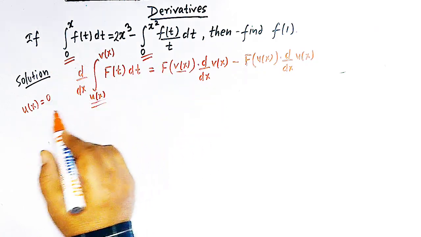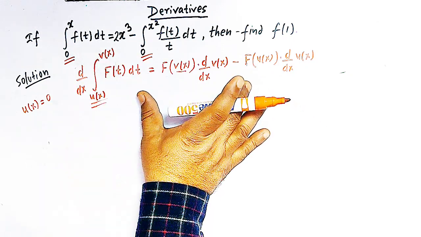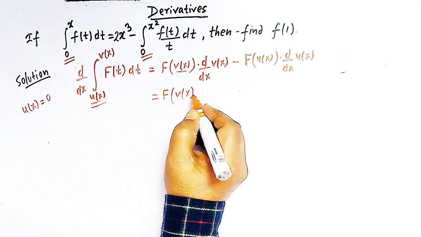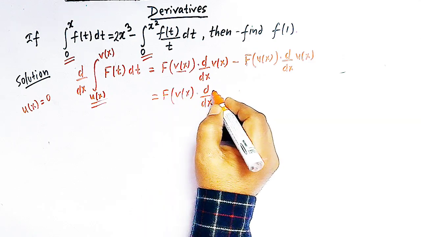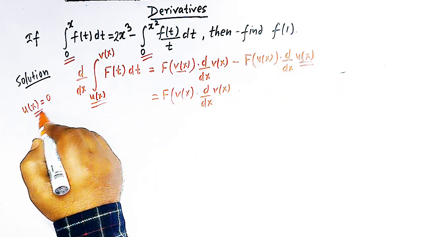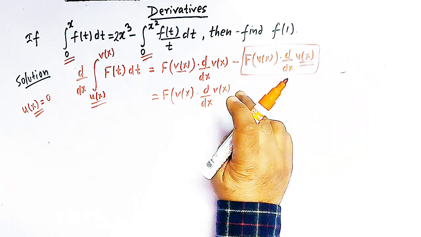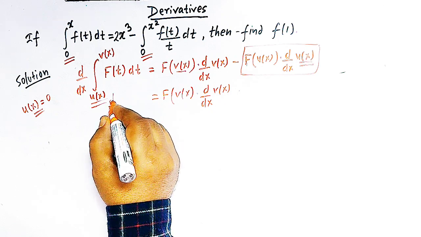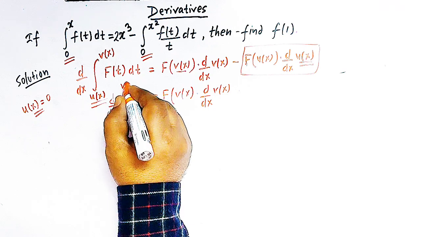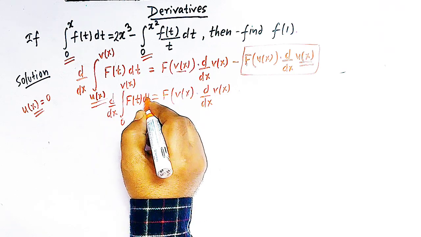So if u(x) is equal to 0, then we can modify this statement by writing f(v(x)) and d/dx of v(x), and here since u(x) is equal to 0, this entire term reduces to 0. So now we have d/dx of the integral from 0 to v(x) of f(t) dt.